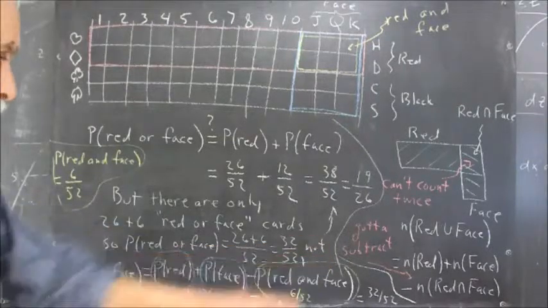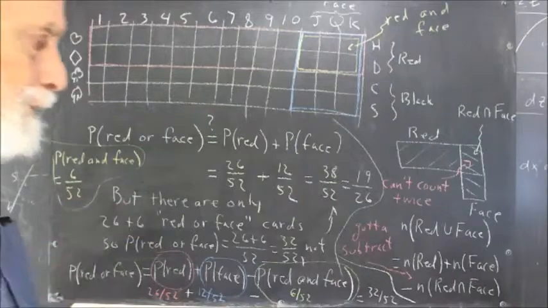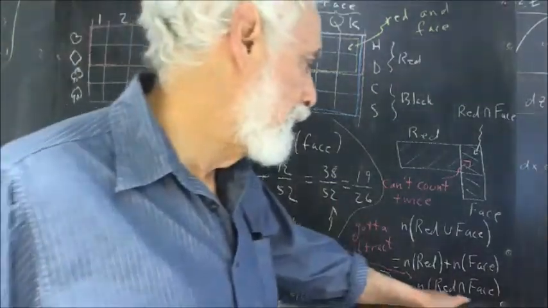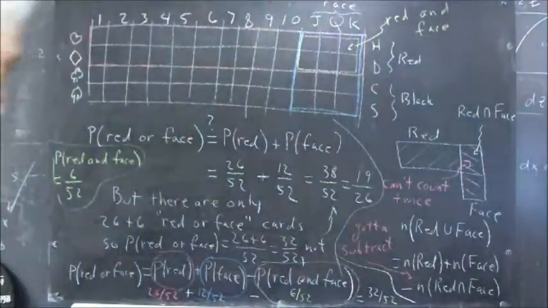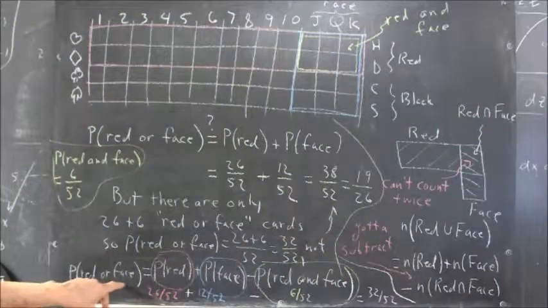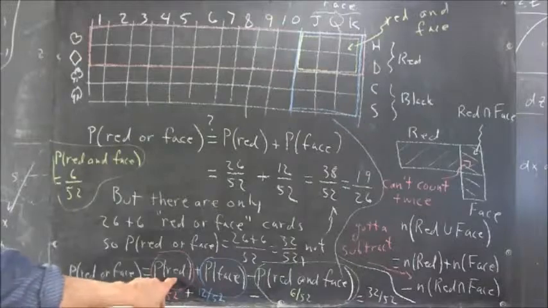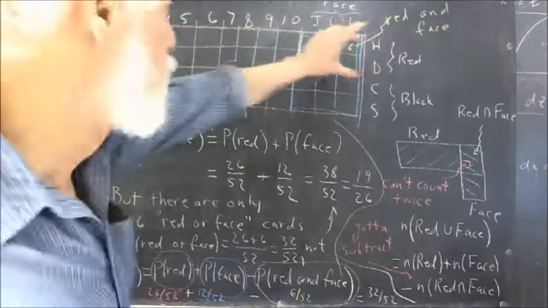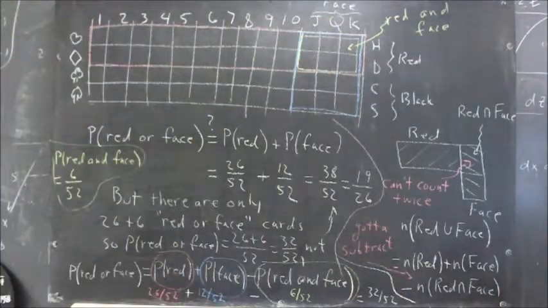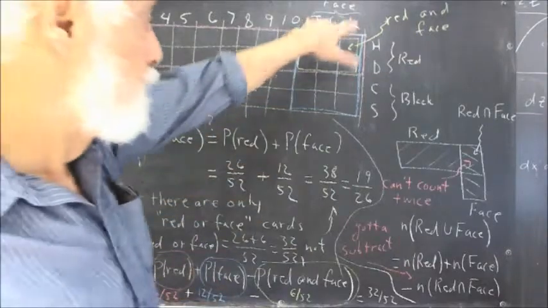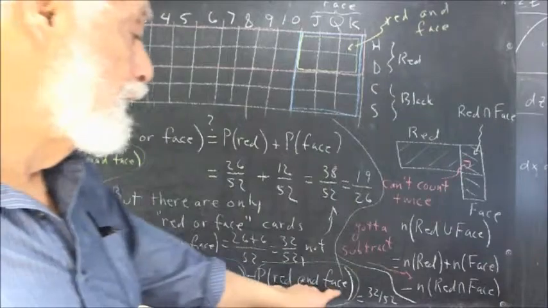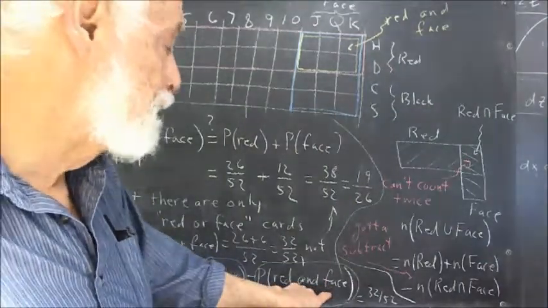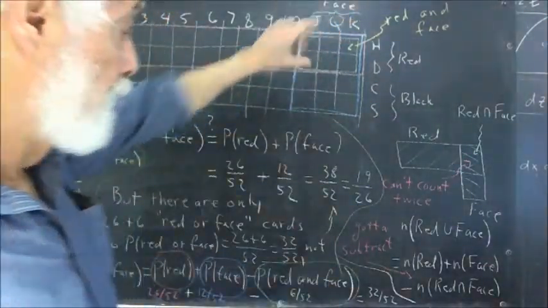And if we use the idea of subtracting the overlap, or the intersection of the two sets, the probability of a red card or a face card is the probability of a red, plus the probability of a face, minus the probability of having a card that's red and face, which would be these 6 cards.